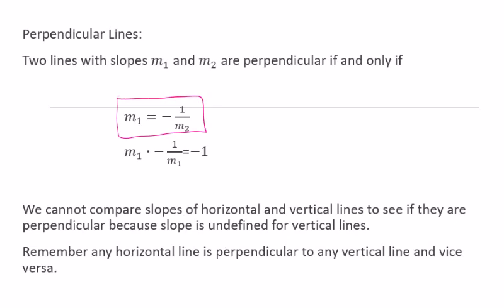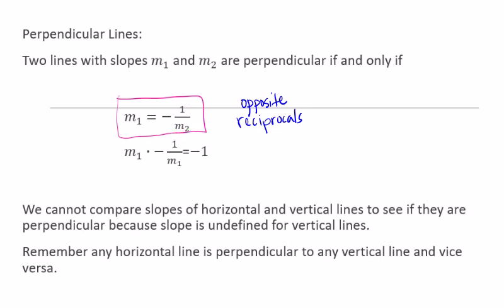What that means is they're opposite, because the signs are different. Here we have a positive, here we have a negative, but they're also reciprocals. In other words, if you took m1 and flipped it upside down and brought it to the bottom, that's where m2 is going to be.